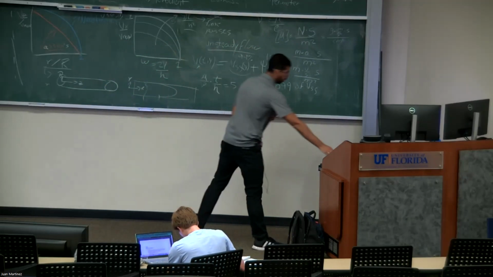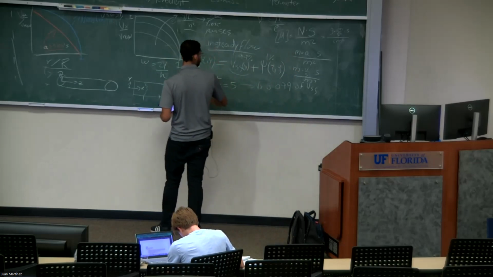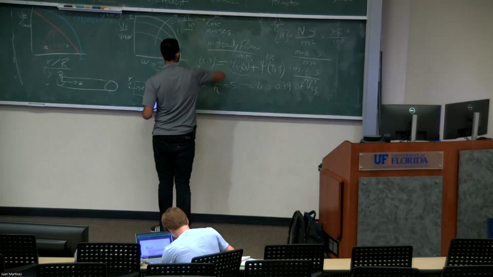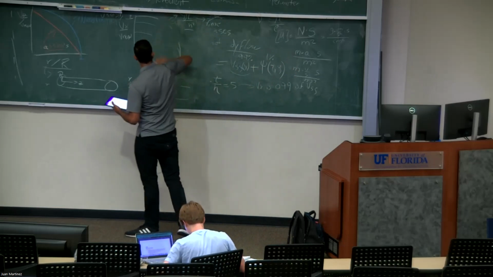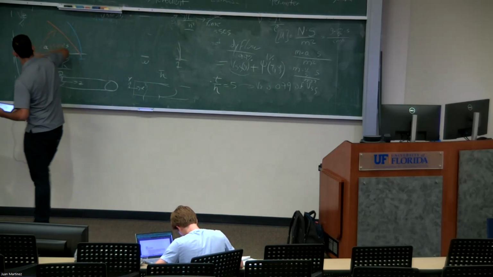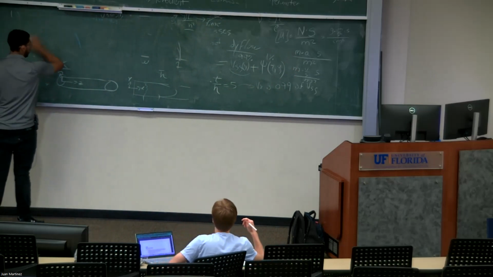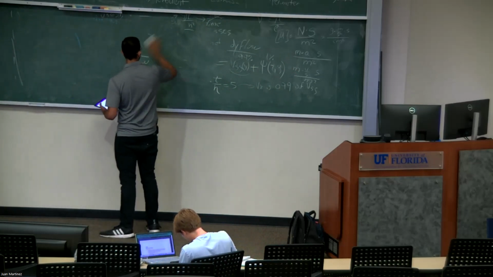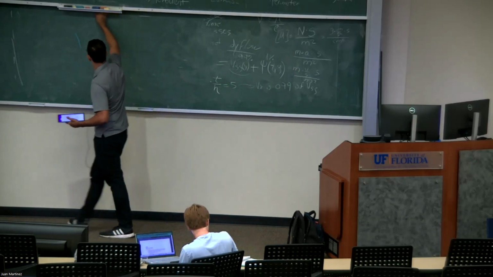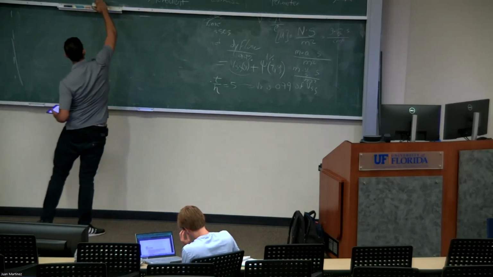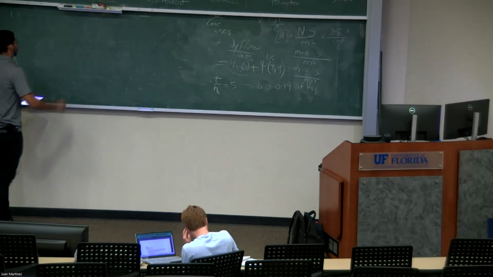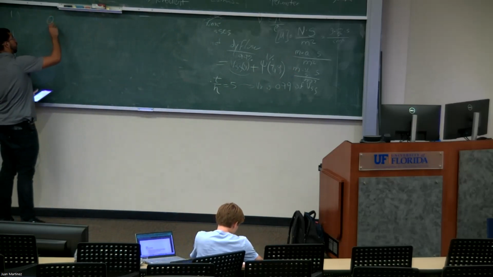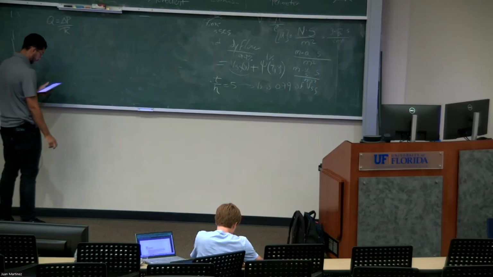Well, a relationship that is good that you guys don't forget is, I mean, let me erase here. Now the volumetric flow rate is equal to delta P over R. We talked about that today.